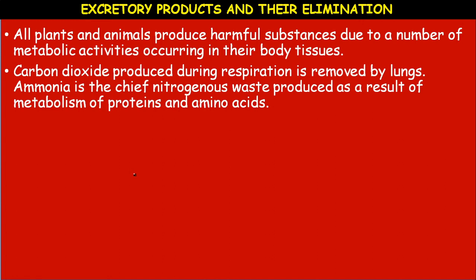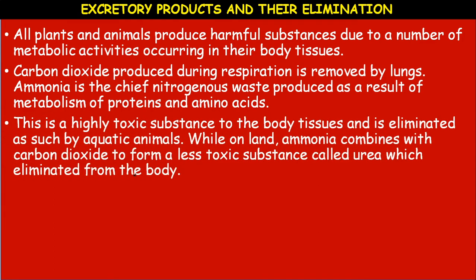The ammonia is the chief nitrogenous product which is produced as a result of metabolism of proteins and amino acids. This ammonia is highly toxic to the body tissues and is eliminated as it is by aquatic animals.